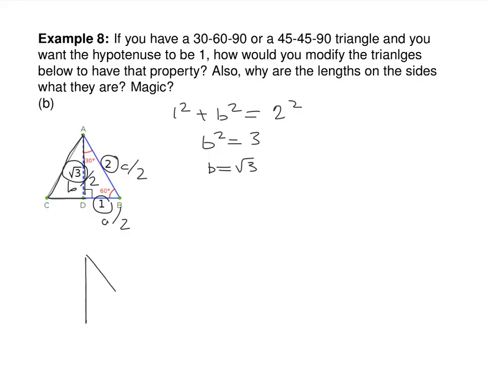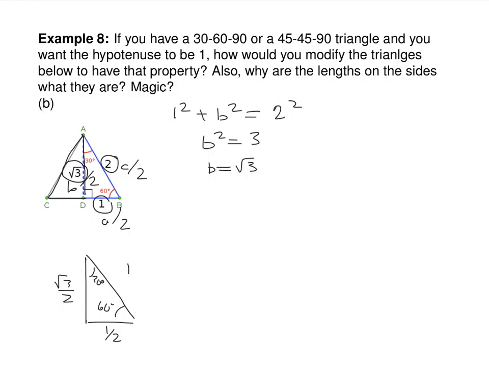And now the hypotenuse is 1, this side's a half, that side's √3/2. Up here is the 30-degree angle, and down there is the 60-degree angle. Okay, so personally I think this makes stuff a little bit easier when you have the hypotenuse being 1.